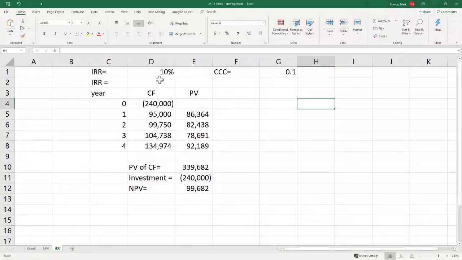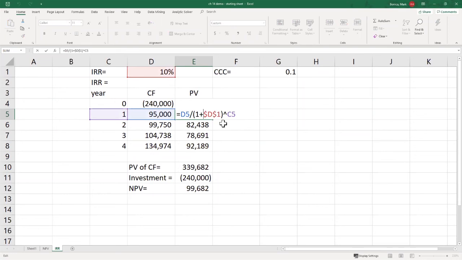So when we did that calculation, we started off with the assumption that our IRR was equal to our corporate cost of capital. But we programmed in, when we did it manually, we said, all right, it's going to be the cash flow, 95,000.